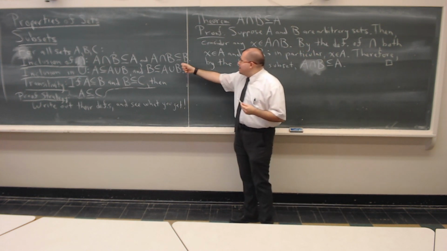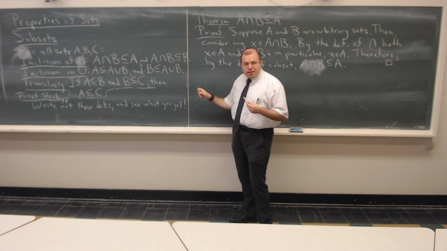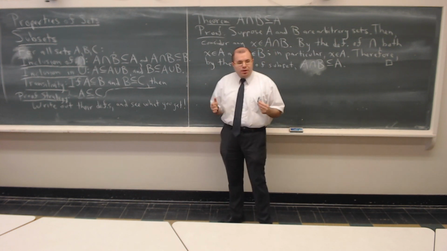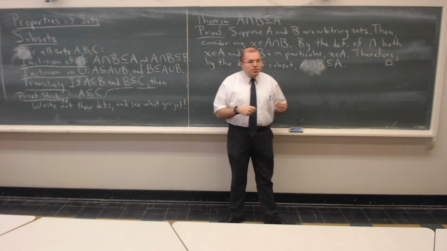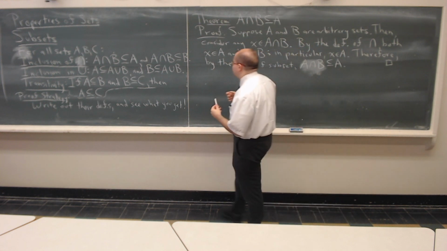So it means that if I have both elements of A and B together, it cannot have extra elements that are not sitting in one or the other, right? So likewise here, A intersection B is in fact a subset of B. We're going to actually prove that in a moment.